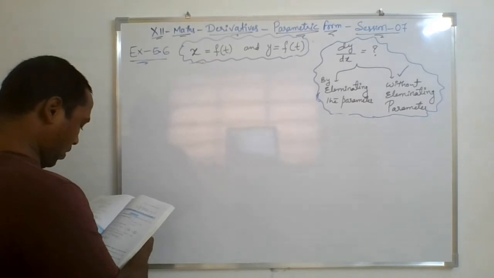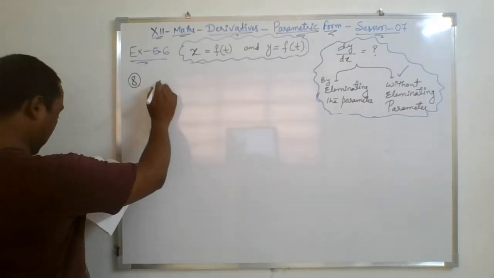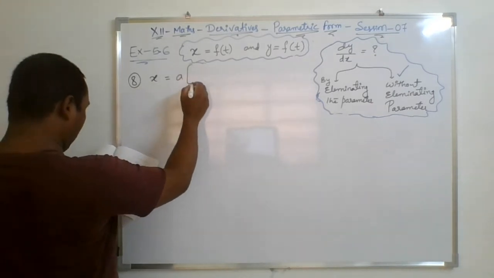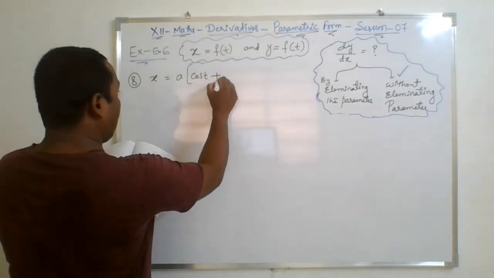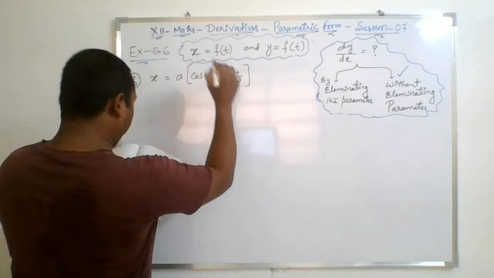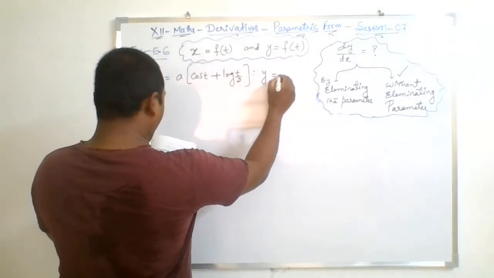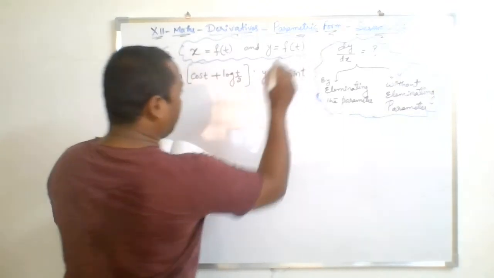Here, question number 8. x is equal to a times cos t plus log of t by 2, where y is equal to the simple function a sin t.